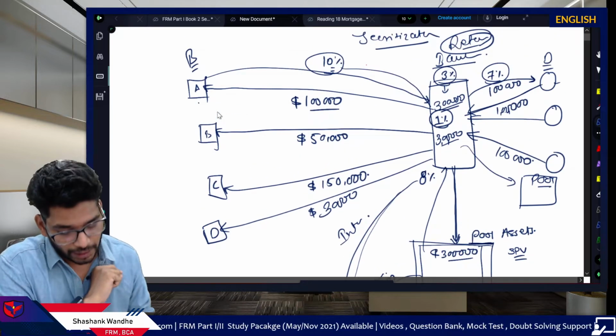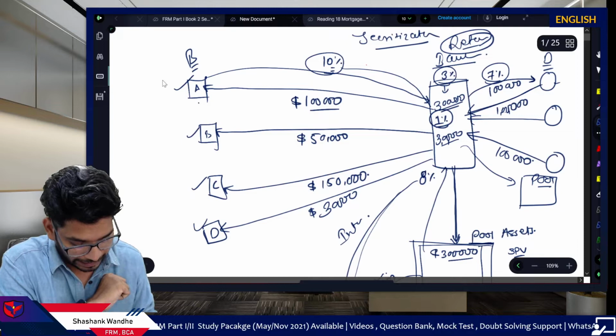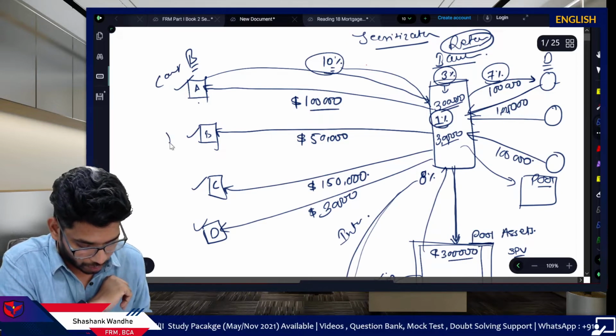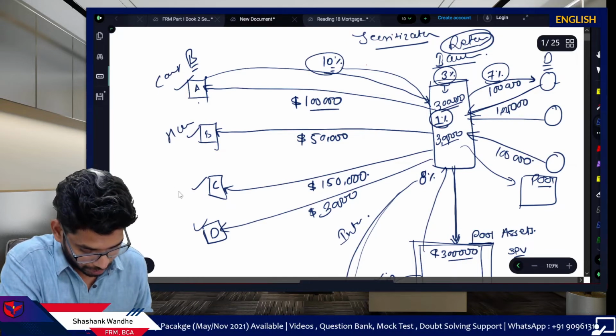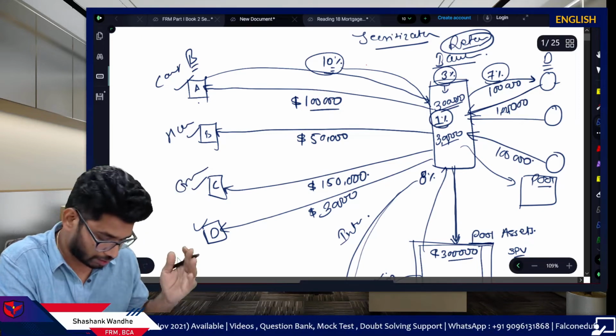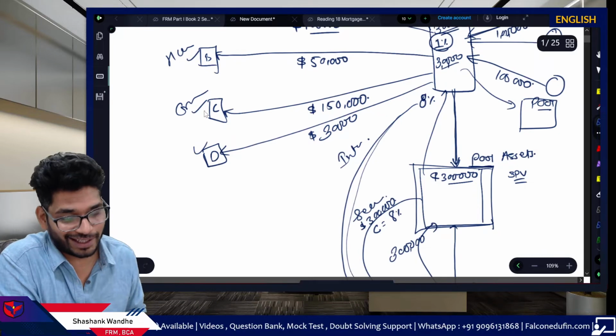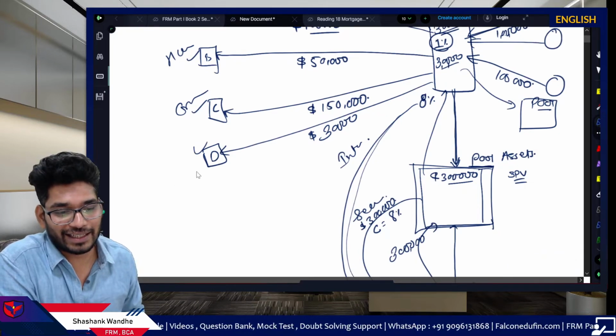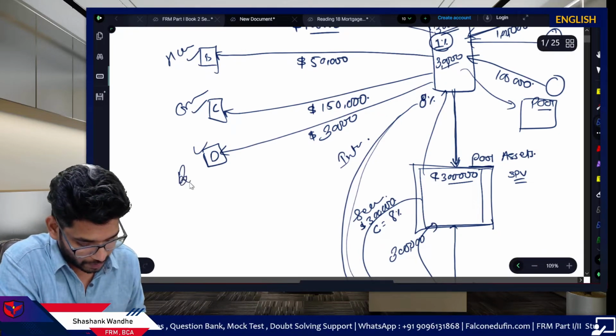And now here, assume that A had a car loan, B had, say, a home loan, then a credit card loan here, it's too much, like 1,50,000 for the credit card loan, and let's say D is for a business loan.